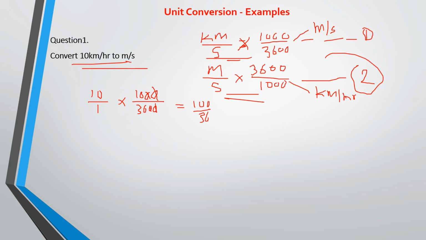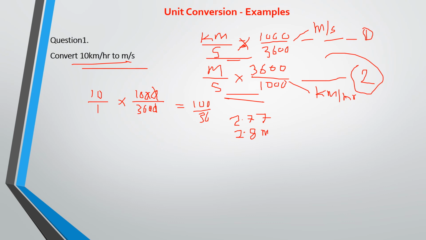Okay, so we can use our calculator. You have 100 divided by 36. That gives you 2.77 or 2.8 meters per second.